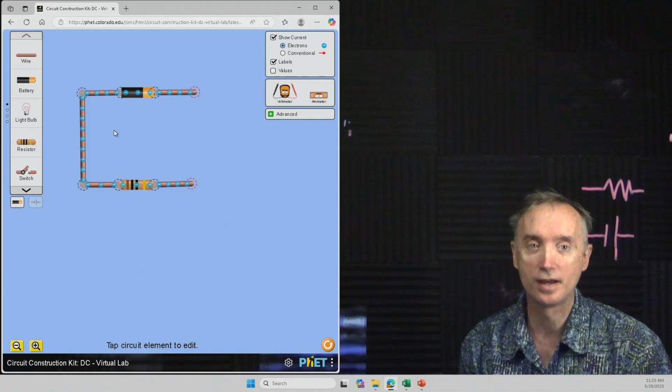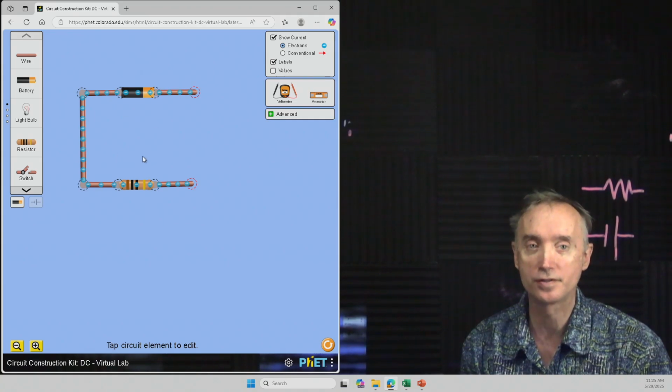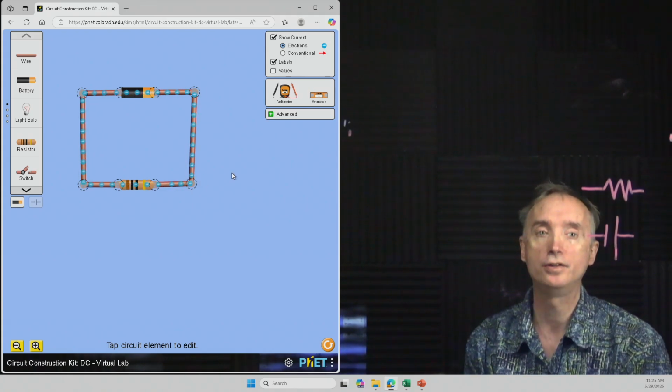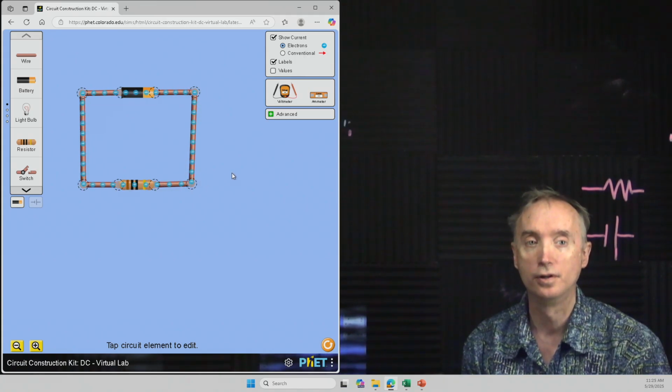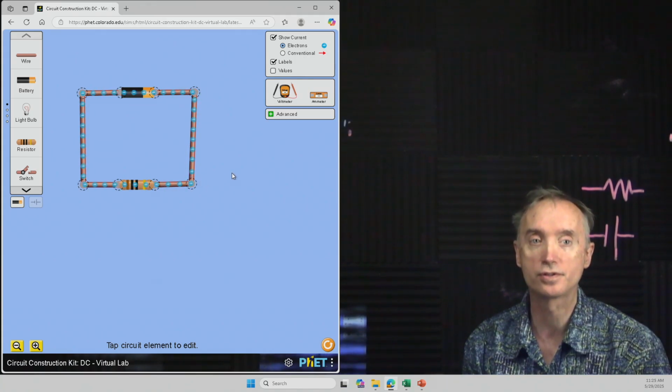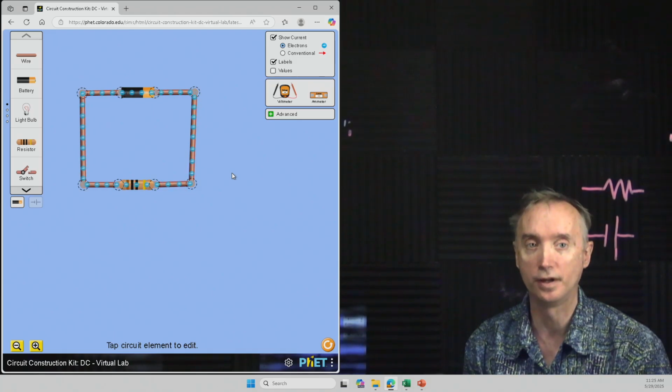And you notice that nothing's happening because I haven't completed the circuit. So I need to get out one more here, and then, okay, and then now you notice that the little blue dots are starting to move in there.